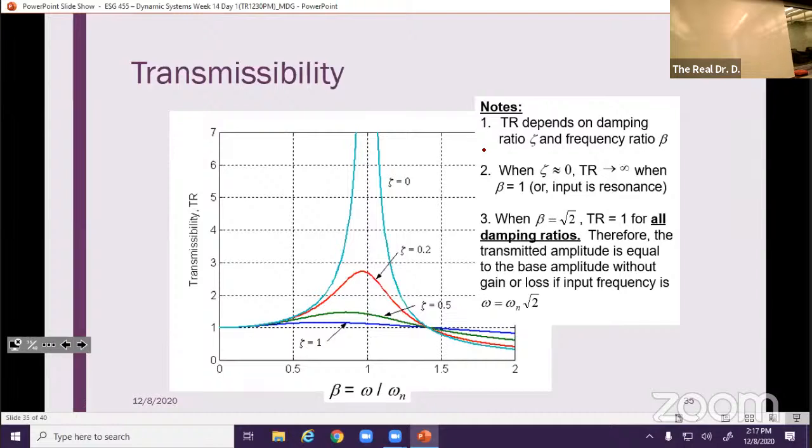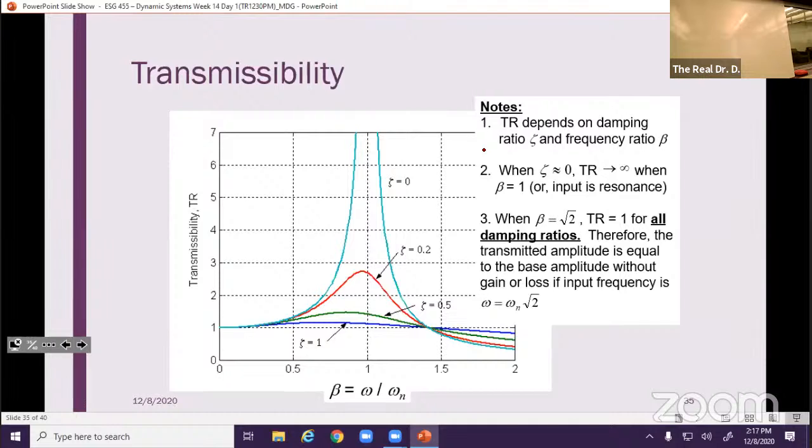This is just the magnitude, just not in dB. This hasn't been converted to dB. So if you wanted to know the transmissibility of something by looking at the Bode diagram, you'd find out what the phase, or not the phase, I'm sorry, what the magnitude is at a specific frequency, and then you would pop it out, right? By pop it out, I mean convert it from dB. Anyway, here we are.